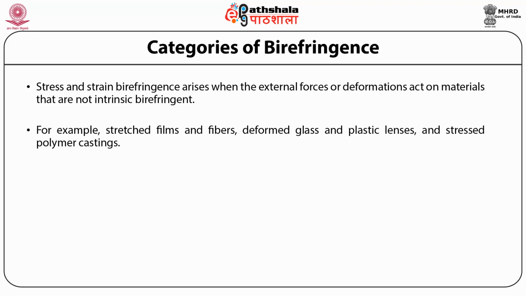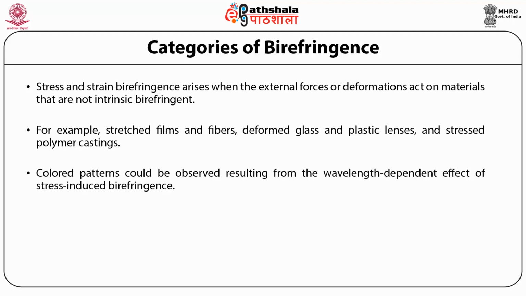In a naturally isotropic medium, birefringence can be induced by inhomogeneous mechanical stress. This can be observed by placing a piece of acrylic between two crossed polarizers and applying stress to the acrylic. Colored patterns can be observed, resulting from the wavelength dependent effect of stress induced birefringence.